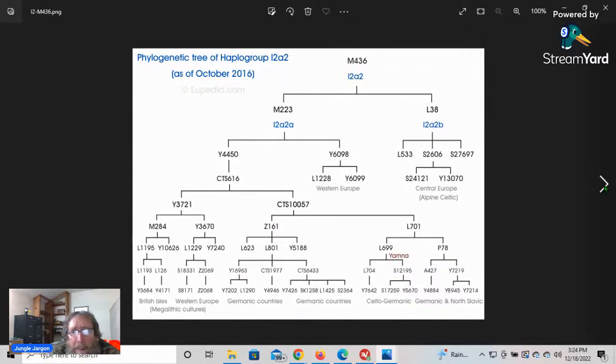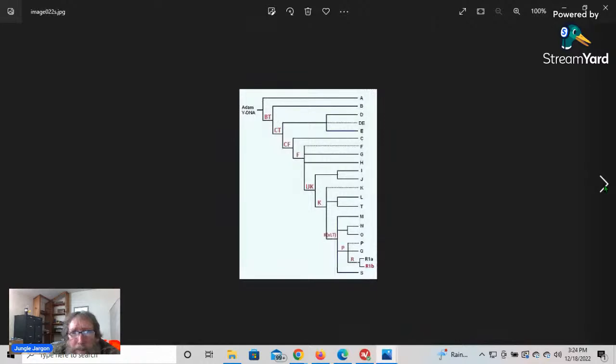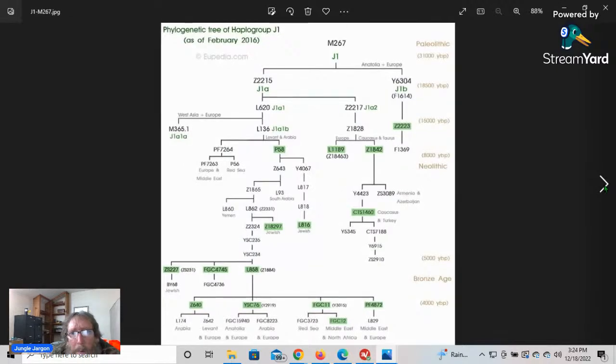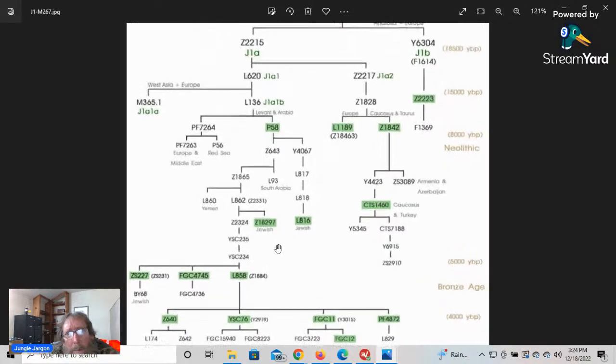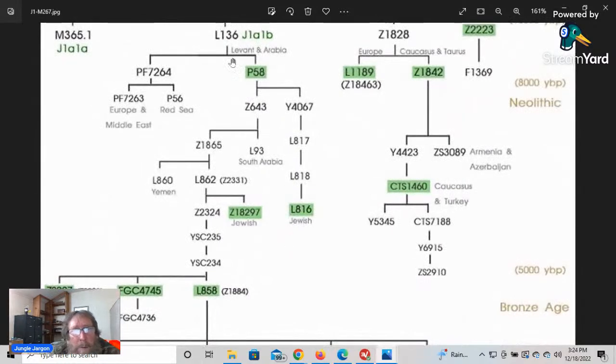Okay, this is I2. Okay, this is colon modal haplotype P58. Descendants of Aaron, Moses' brother. Maybe this is Moses, I don't know.